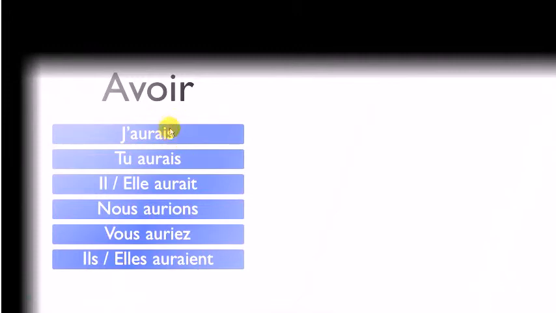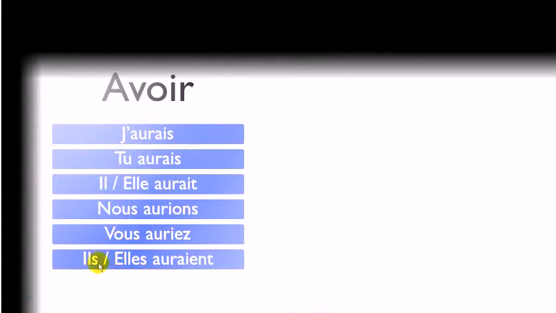J'aurais, remember, final S not pronounced. Tu aurais, same thing here, final S not pronounced. Il aurait, elle aurait, final T not pronounced. Nous aurions, liaison here, this little link. Nous aurions, final S not pronounced. Vous auriez, liaison here, and then EZ will go like E. Vous auriez, okay, and the last one.